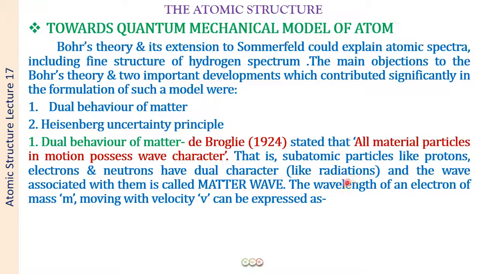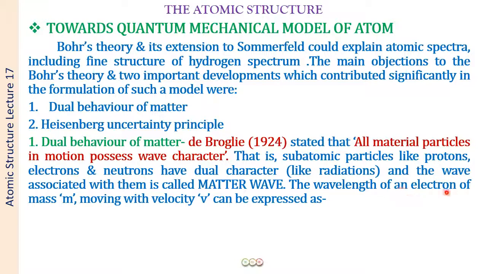Like radiations, we have already studied that they have wave nature as well as particle nature. So he said that subatomic particles like protons, electrons, neutrons also have a dual character, both particle as well as wave character, and the wave associated with them is called the matter wave.